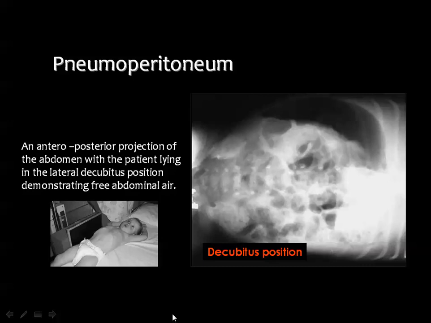Then the chest X-ray in the erect position is the best radiological investigation for the diagnosis of intraperitoneal air.